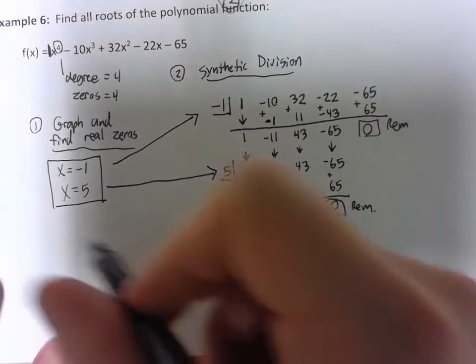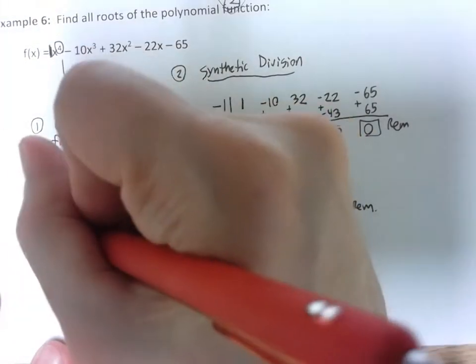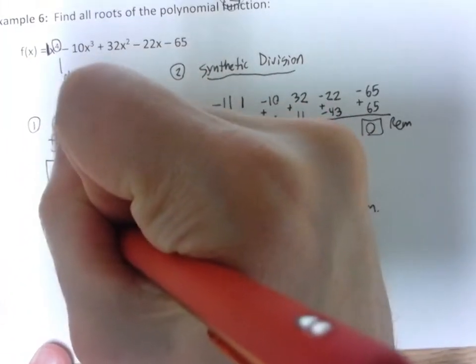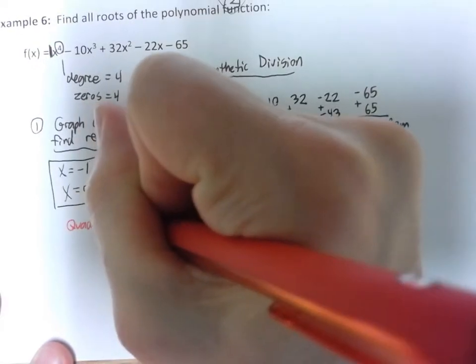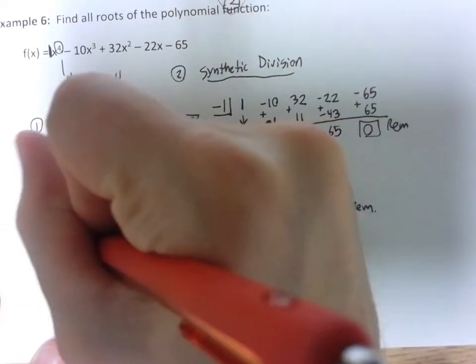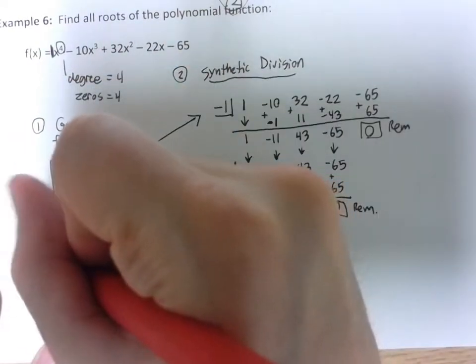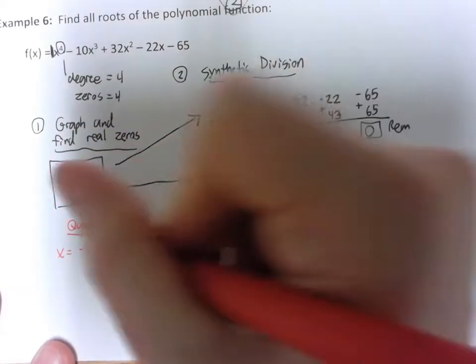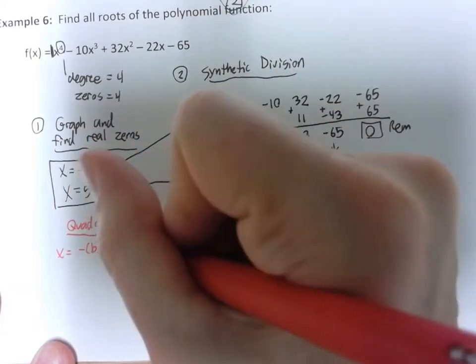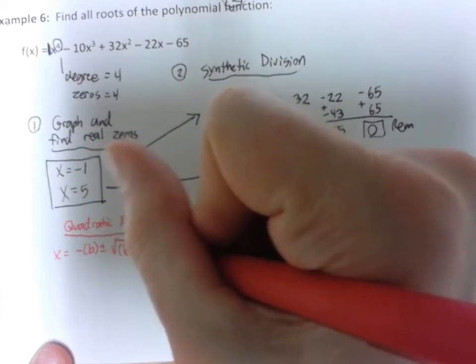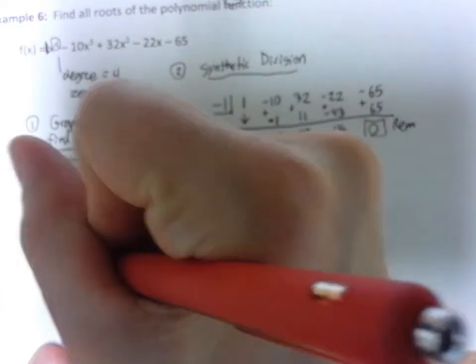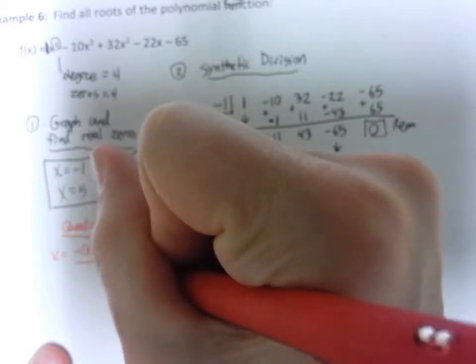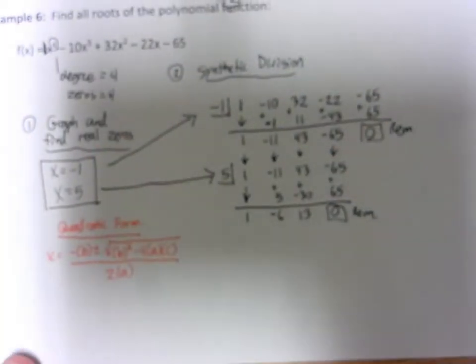So the quadratic formula, let me rewrite it again. That's going to be x equals opposite of b plus or minus the square root of b squared minus 4ac all over 2a. I could sing a song for you if you want, but I'm not going to do that right now.